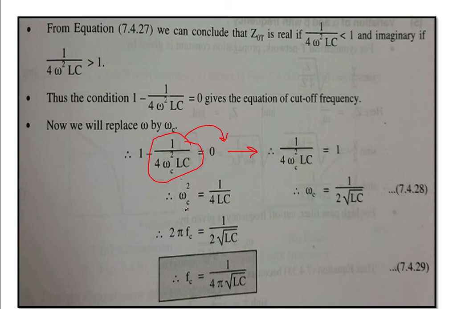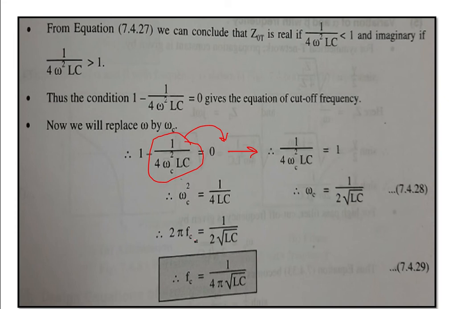Our aim is to find the cutoff frequency in the high pass filter. So omega c square is equal to, specifically for the T network, 1 upon 4 LC, and take the square root on both sides. That's why omega c is equal to 1 upon 2 square root of LC. Omega c is equal to 2 pi fc.